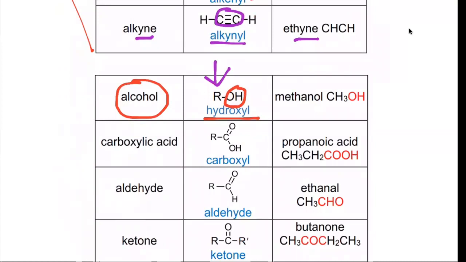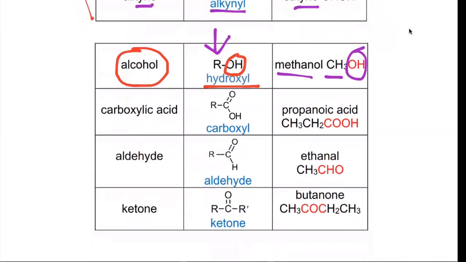And then on the end of it, somewhere you have an OH group that's bonded to it. Okay, so an example here, this is methanol. And so you can see in its formula, it's got CH3 and then it's got OH written. So that would tell me that this would be classified as an alcohol because it has a hydroxyl functional group.